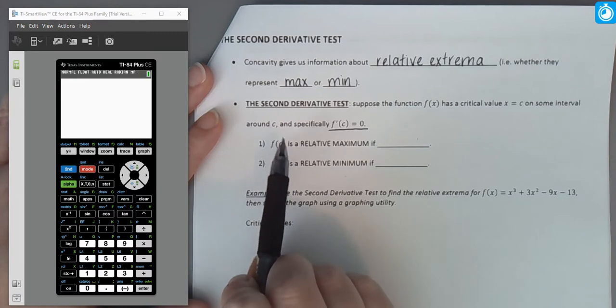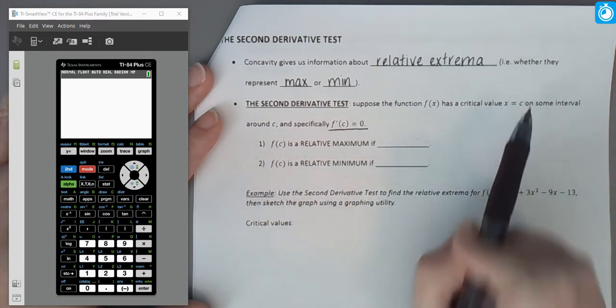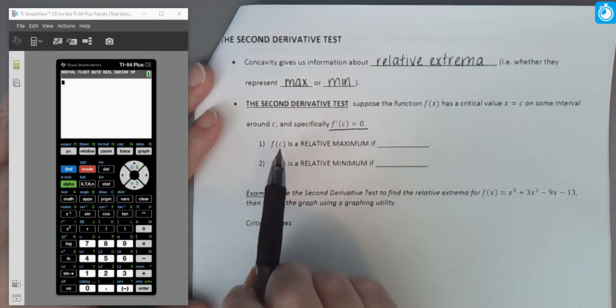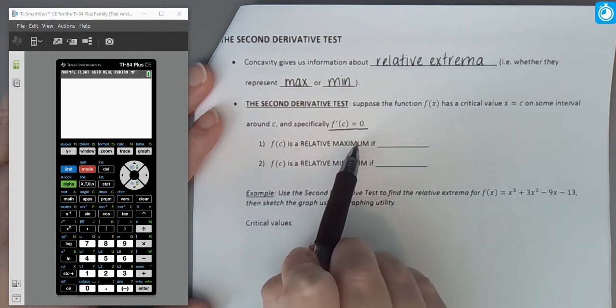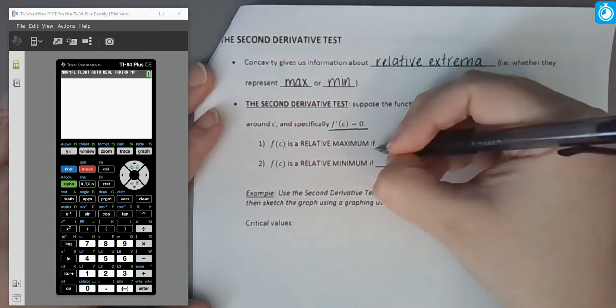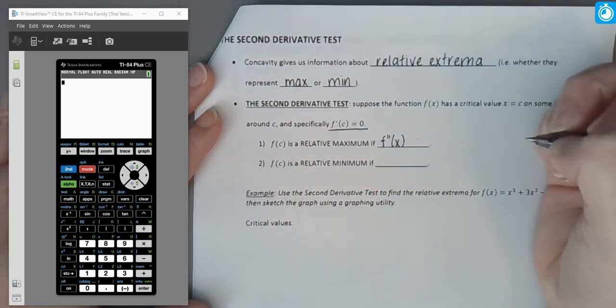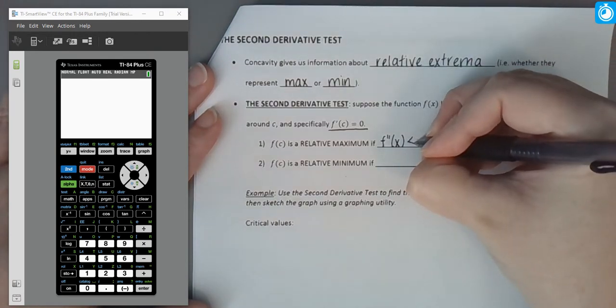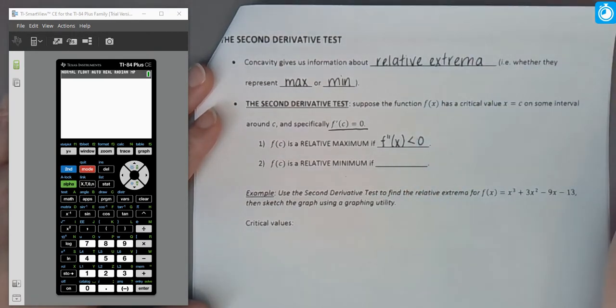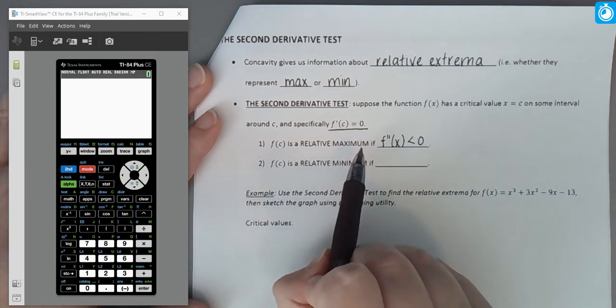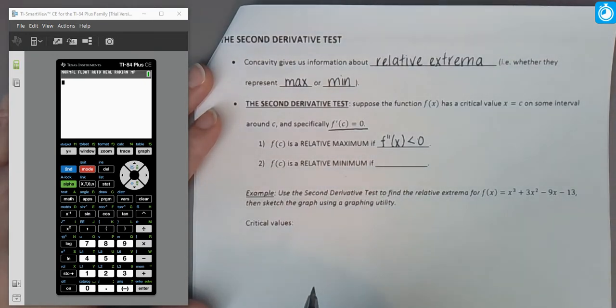It tells us that the function value for that critical value, the actual y value, the actual output, is a relative maximum if, and this is going to seem counterintuitive, our second derivative is negative. It's a relative maximum if the second derivative is negative. I'll explain why in just a minute.